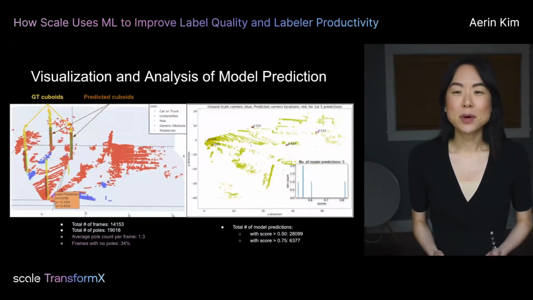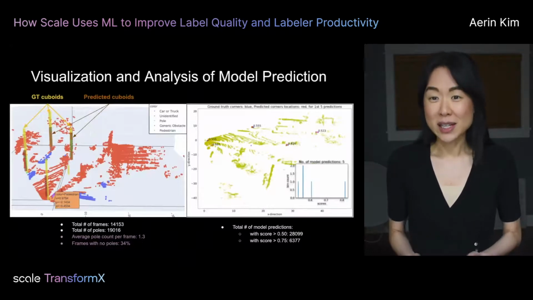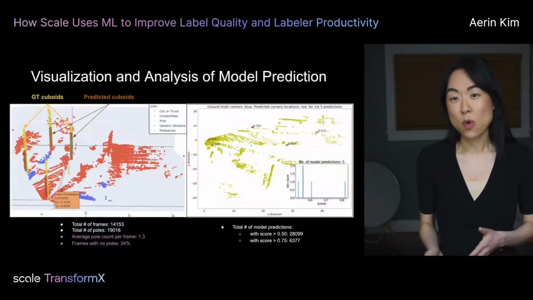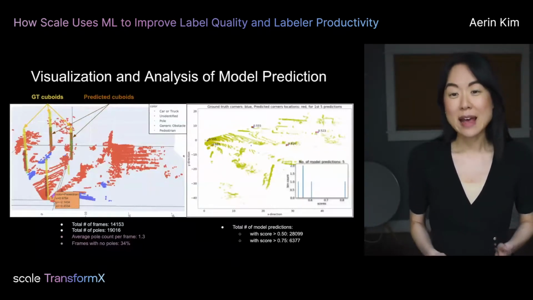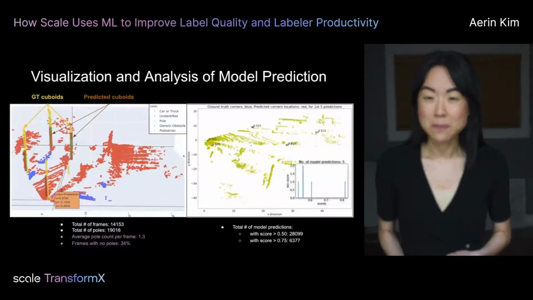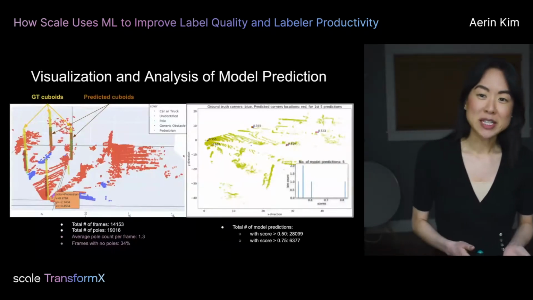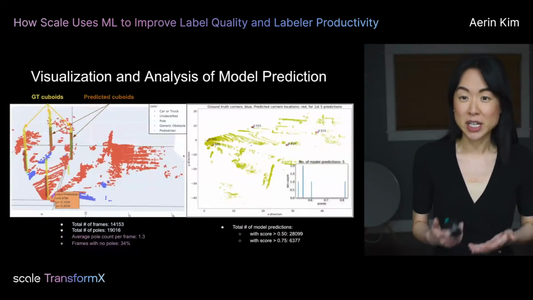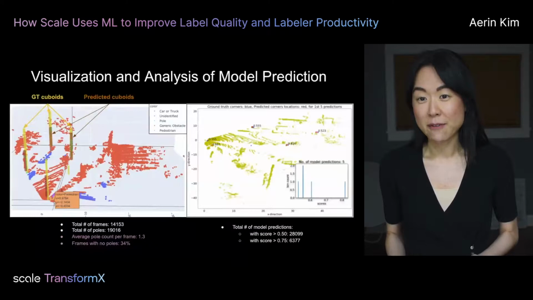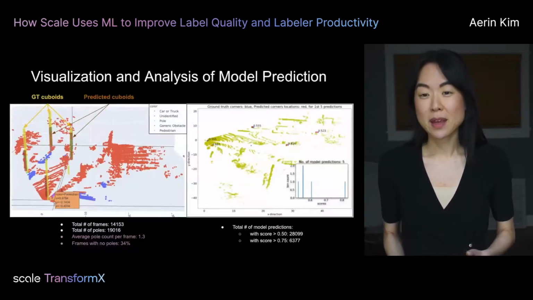So we ran both quantitative and qualitative experiments to set two thresholds. One is the model prediction score, the confidence score, and the other is the jitter threshold in the XY plane. The left picture is the 3D visualization of prediction and ground truth, and the right picture is the bird's eye view, the 2D visualization.